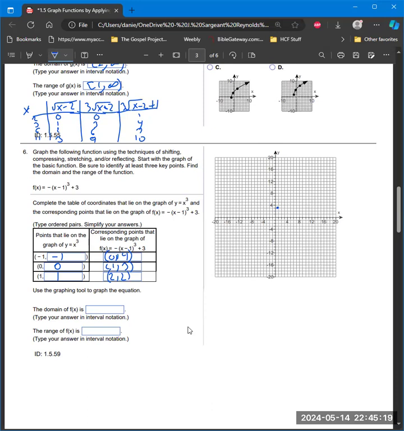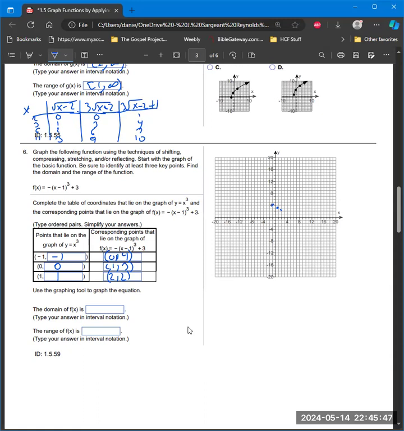Now, instead of going up and to the right and down and to the left, I'm going to go up and to the left and down and to the right. So normally I'd go right 1, up 1. I'm going to go left 1, up 1 here. I'm going to go right 1, down 1. And normally I'd go right 2, up 8, but I'm going to go left 2, up 8.